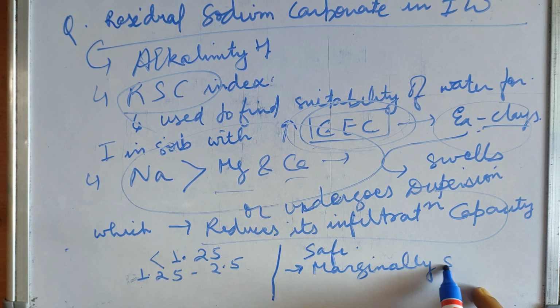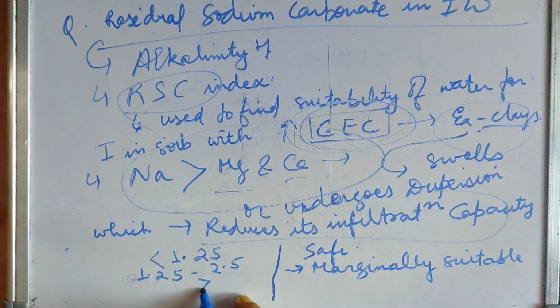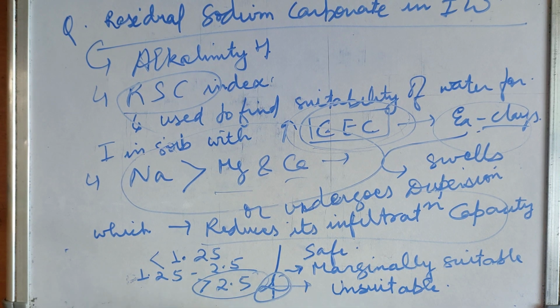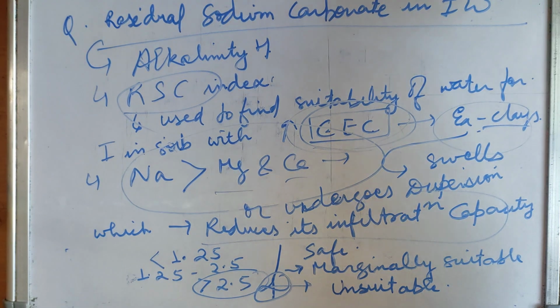When the RSC index is more than 2.5, it is unsuitable, so we cannot grow crops.